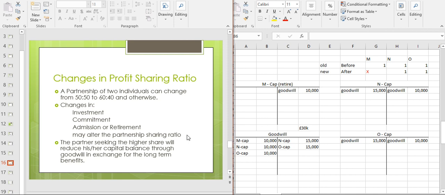So if there were two partners in this situation, 50-50, 60-40, the one who's taken 60% share will have to pay the other partner a share of goodwill. Take more share in the business, pay the other partner through a capital reduction.